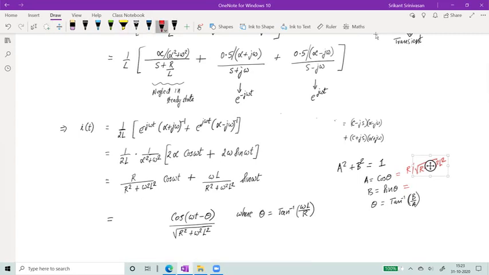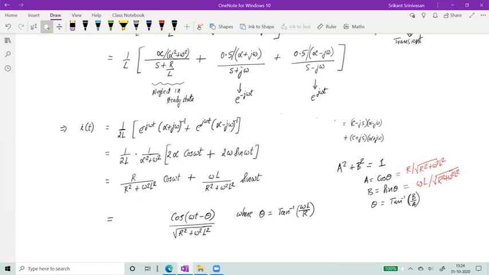And similarly, b will become omega L divided by root of r square plus omega square L square. So one square root came out, and the remaining term without that square root is the cos theta term, and here it is sin theta.